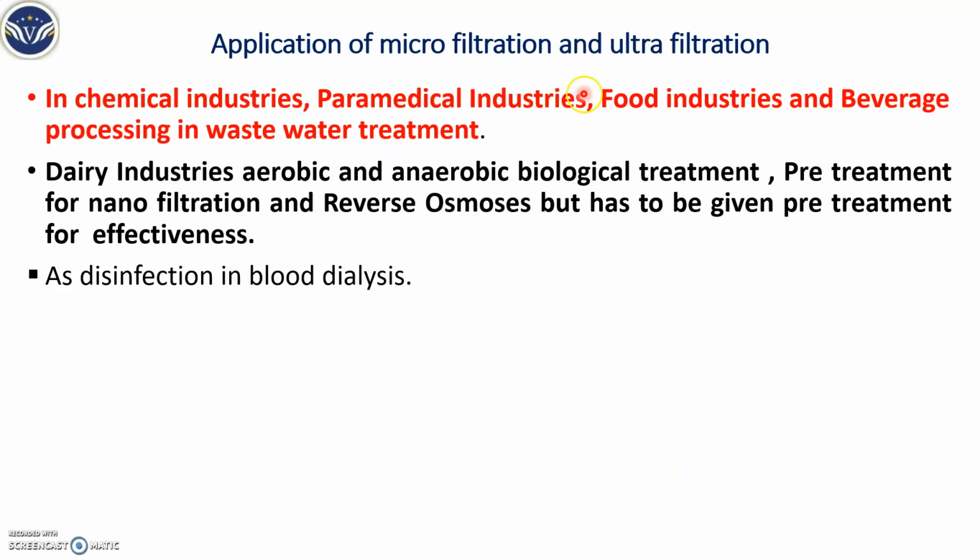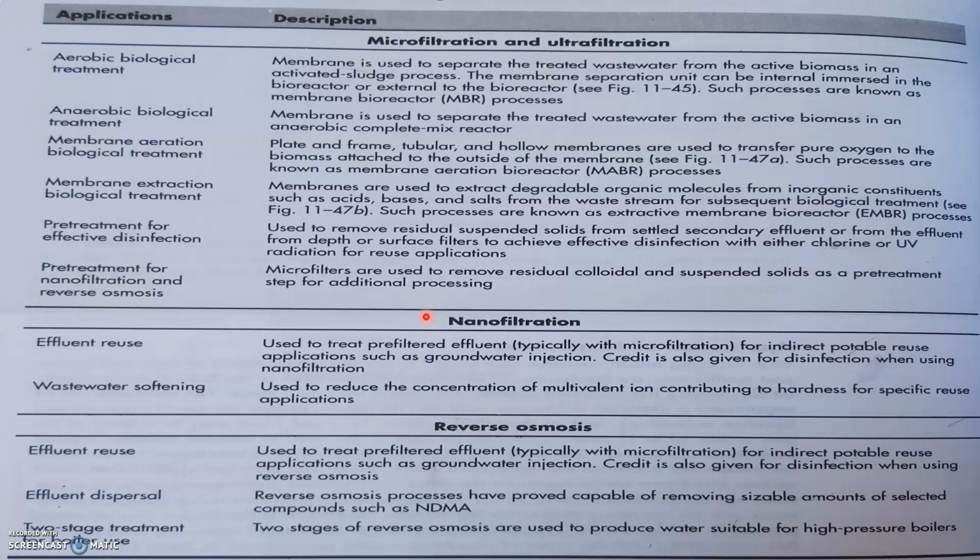Applications of micro and ultrafiltration: it can be used in the chemical industry, paramedical industry, food industry, beverage industry, dairy industry. You can use it in blood dialysis also, of contaminated blood. And these are some of the applications for biological, for anaerobic treatment.